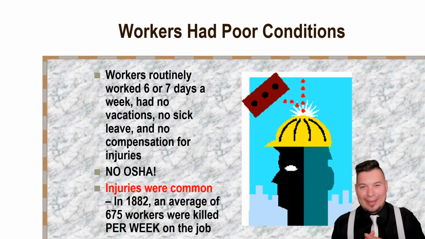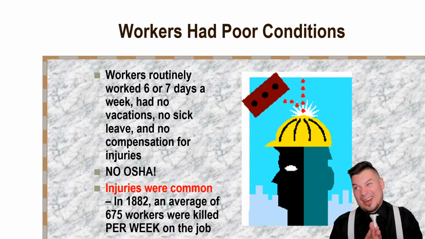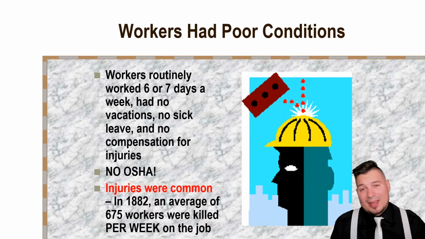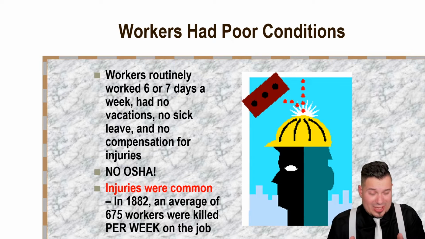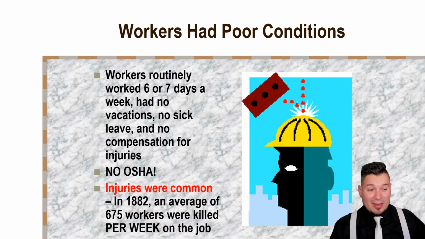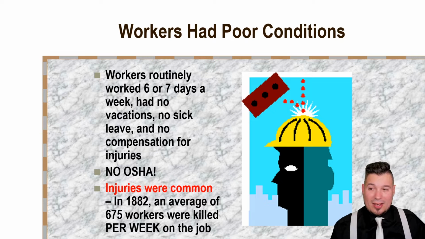It protects your safety, even if it's a very long course you have to take. I know, I had to do 20 hours. And again, we had so many injuries and fatalities. In 1882 alone, the statistic was 675 workers were killed per week on average on the job. And families didn't get compensation for that. These are loved ones that are dying, and it's just because of the safety.